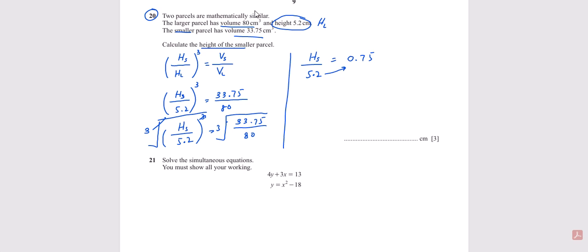So HS is equal to 5.2 multiplied by 0.75. Calculate these values, we get 3.9. So the final answer is 3.9 centimeter.